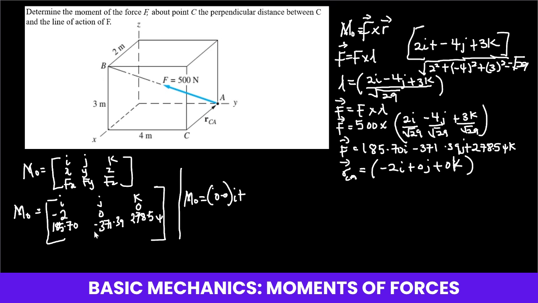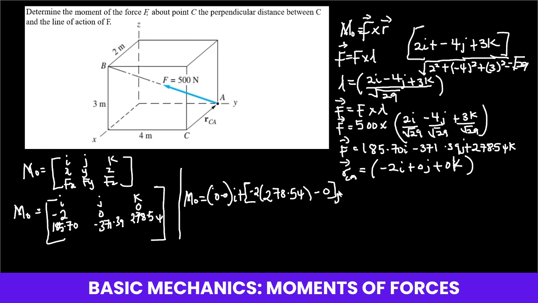Now let's go to the next one. Here we cancel this and cancel this one. So this negative 2 is going to multiply the whole of this, so we get negative 2 multiplied by 278.54 here. Then we bring our minus here. This is multiplied by the 0 here, because this and this have been cancelled, so this multiplied by this is 0. So at this point, this is our j.